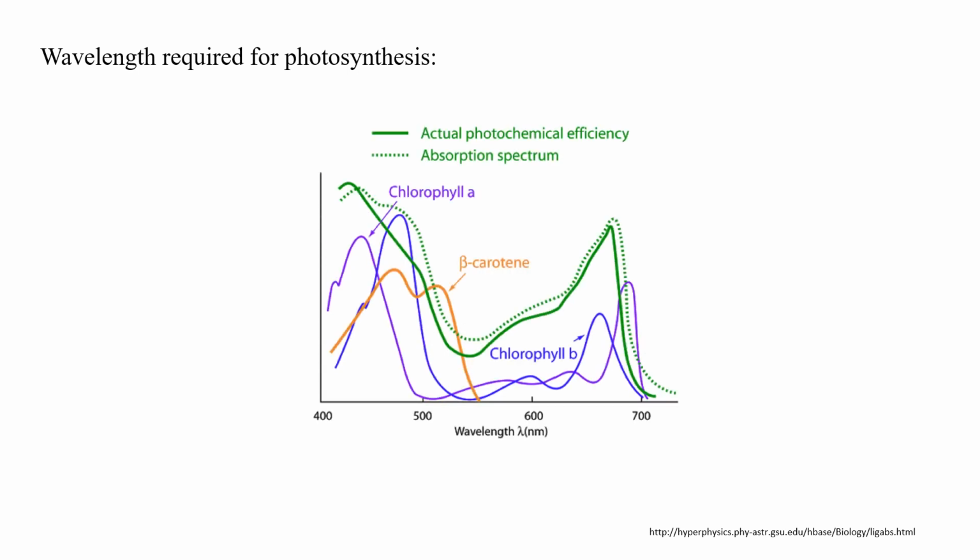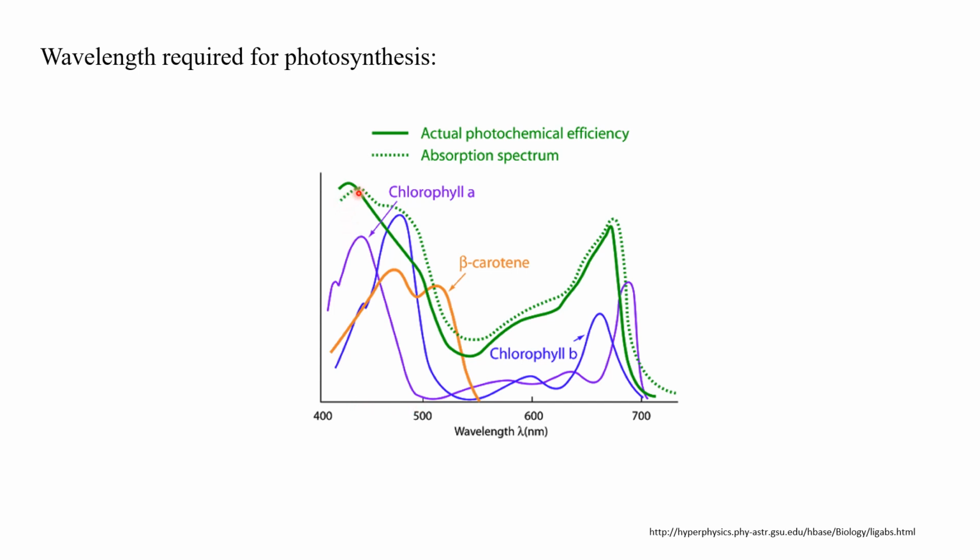The next question talks about wavelengths required for photosynthesis. Here is a diagram to understand better. The wavelengths of visible light for photosynthesis fall within the ranges 425 to 450 nanometers, that is the blue range.